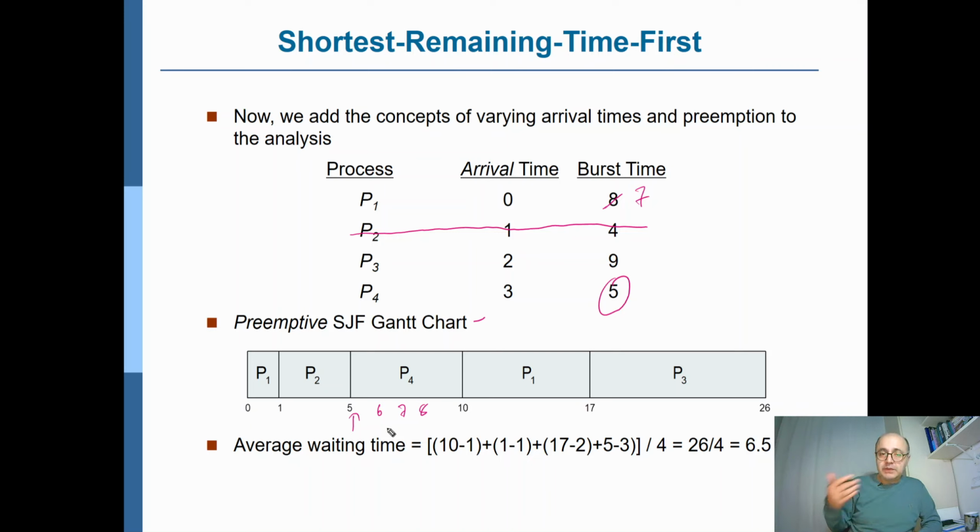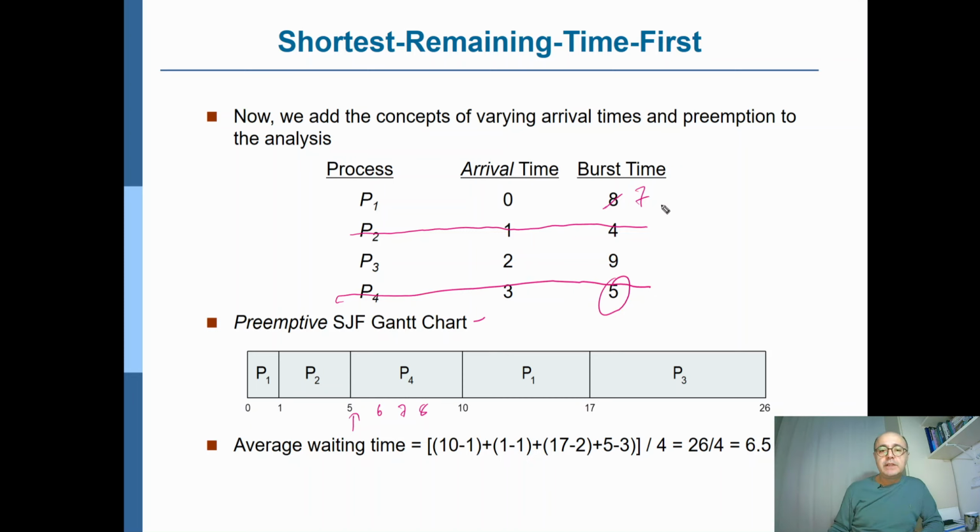We will proceed until P4 completes just because no one else arrives in the system. If someone else arrives, I have to recalculate to see if I need to do context switches. But if there are no new arrivals, we wouldn't expect any context switches. So at t equals 10, P4 would be completed and leaves the system.